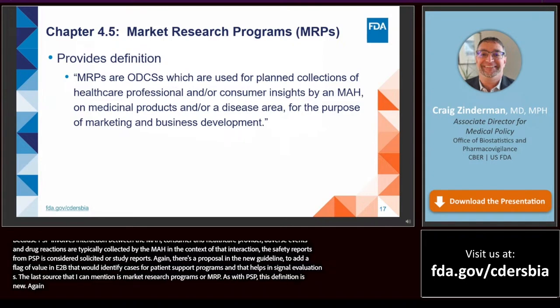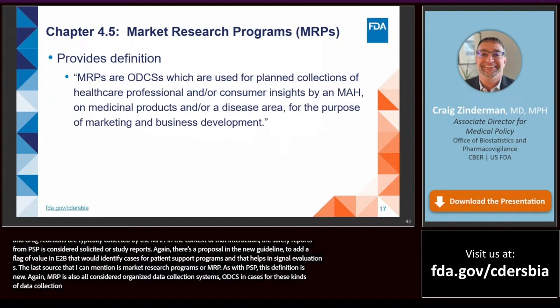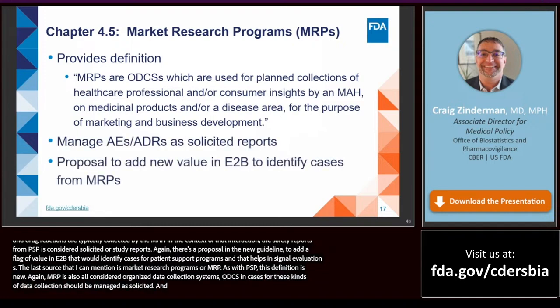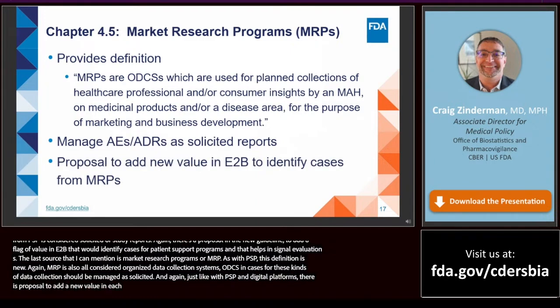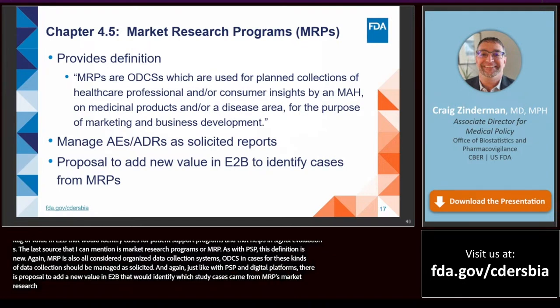And again, MRPs are also all considered organized data collection systems, ODCSs, and cases from these kinds of data collection should be managed as solicited. And again, just like with PSPs and digital platforms, there is a proposal to add a new value in E2B that would identify which study cases came from MRP's market research program.